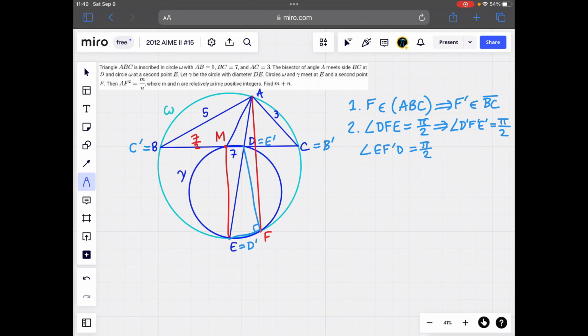BM is 7 over 2, and CM is 7 over 2. Now we can use Stewart's theorem to find AM.